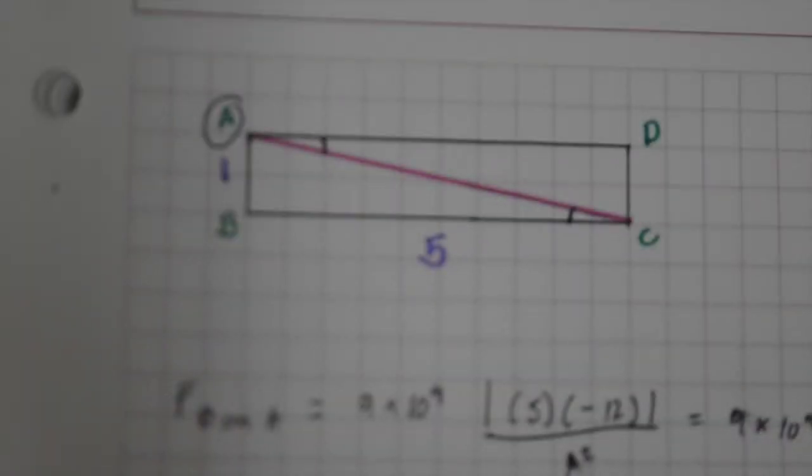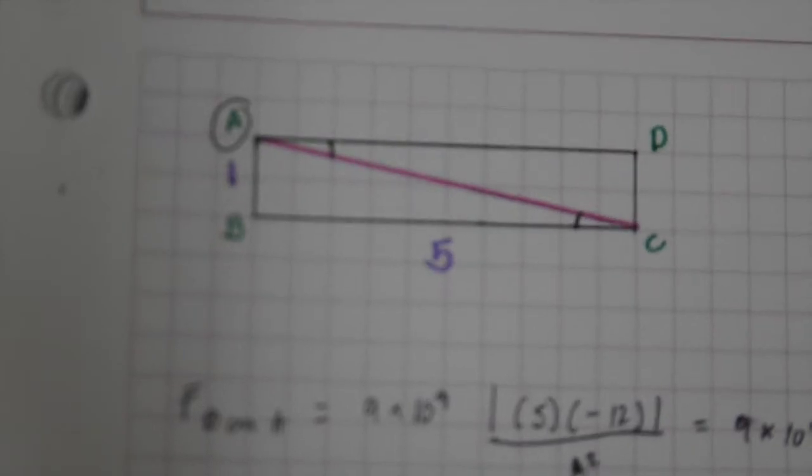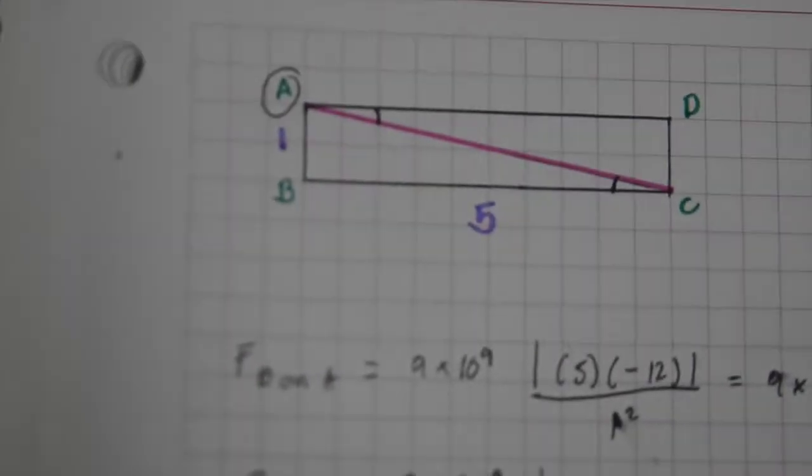So if we use an angle that's against the horizon, our opposite will always be the vertical side. So let's put that here.